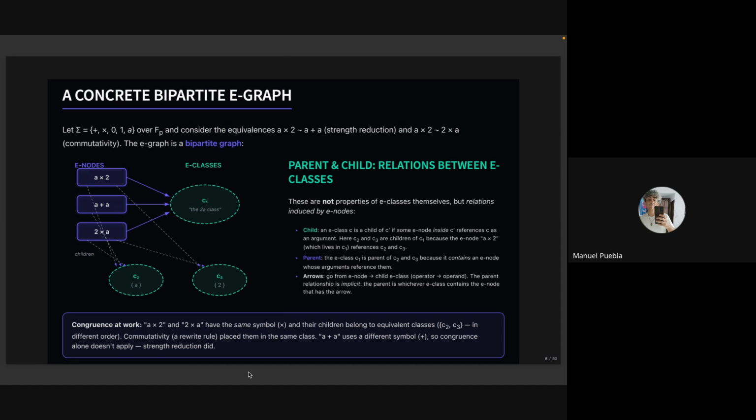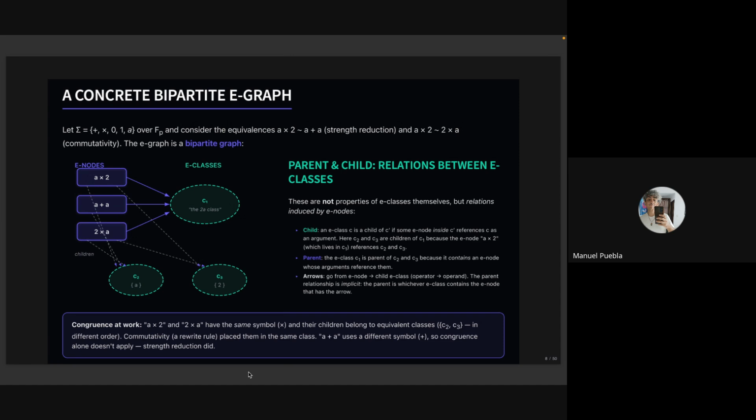So there are some arrows that one can draw between e-nodes and e-classes, and those arrows can differ in their meaning. We can point to the children classes, which are the classes of the arguments, and we can point to the proper class of what the node is actually doing. In this case, the class C1.